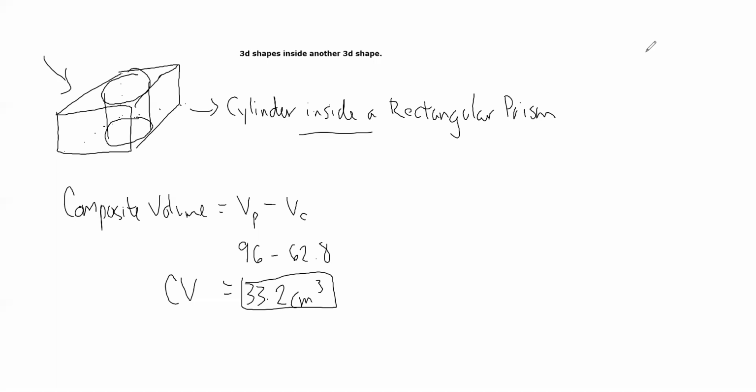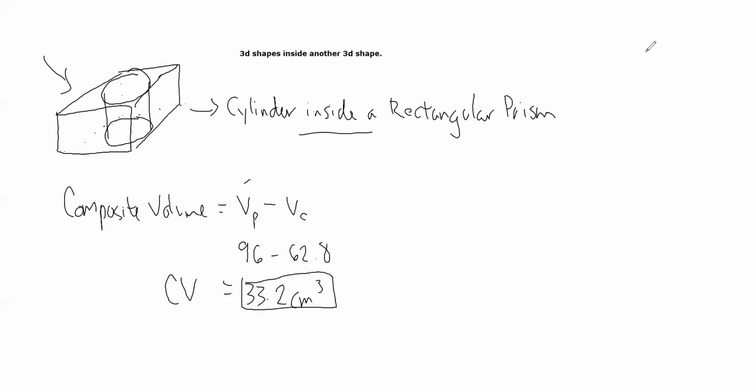The reality is I drilled a hole through that block of wood, and it just happened to be cylindrical, meaning an entire cylindrical block is missing. The volume of the cylinder was just taken out of that rectangular prism, meaning I cannot add them together. I have to subtract. And that's literally the only change you're going to make.